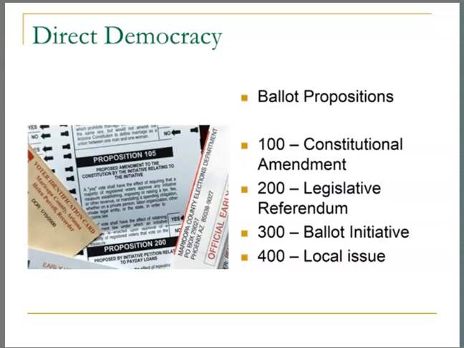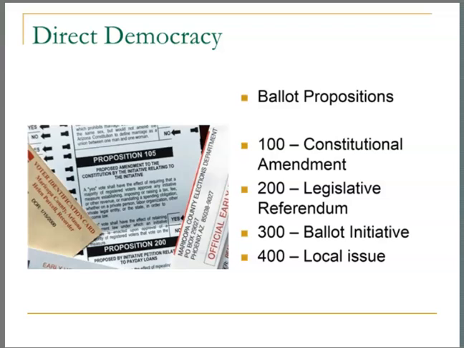If the proposition has a 100 in front of it, then that means that proposition involves a constitutional amendment, whether it comes from the initiative or a referenda, that if that proposition is passed, the Arizona Constitution will be altered in whatever manner the proposition recommends.